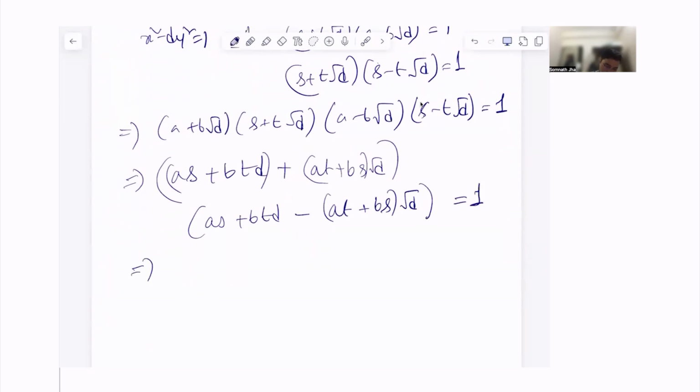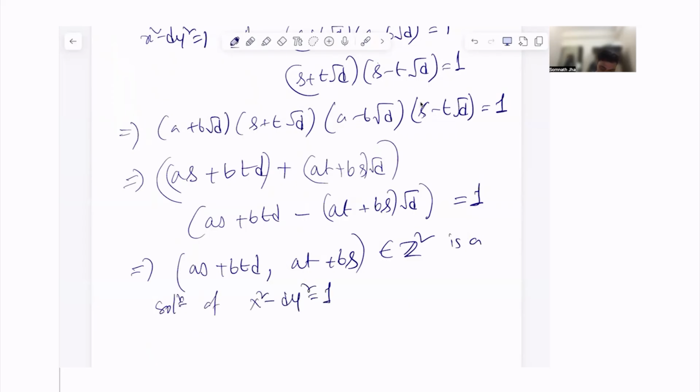This implies that (as + btd, at + bs) is a solution of x² − dy² = 1.